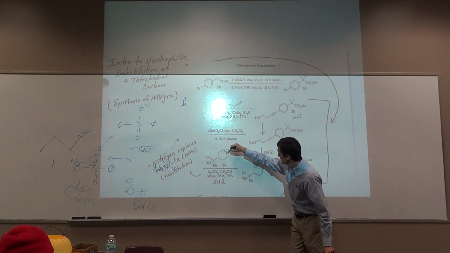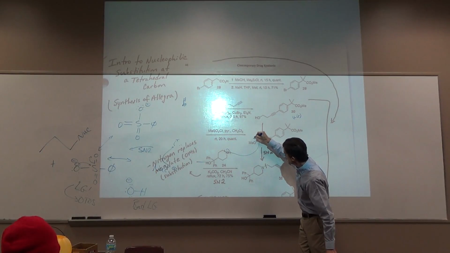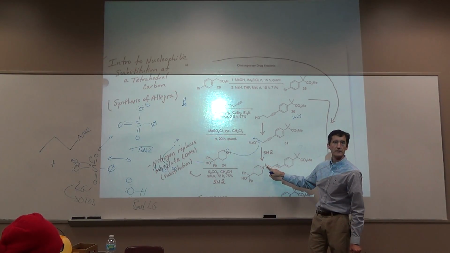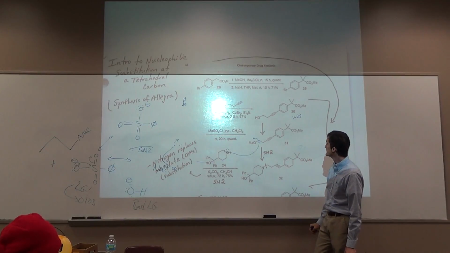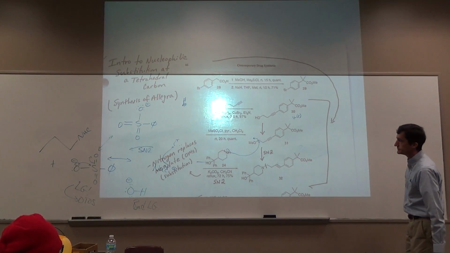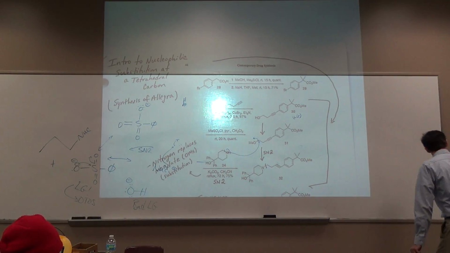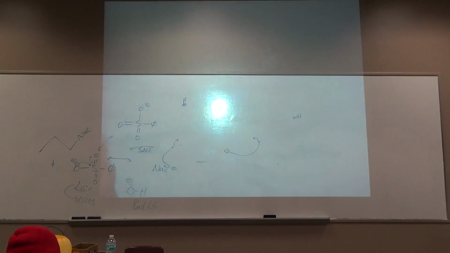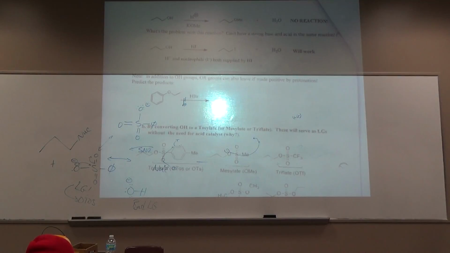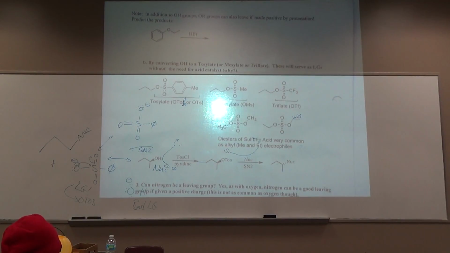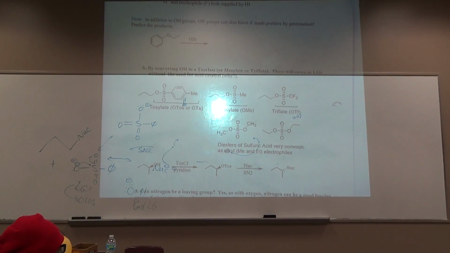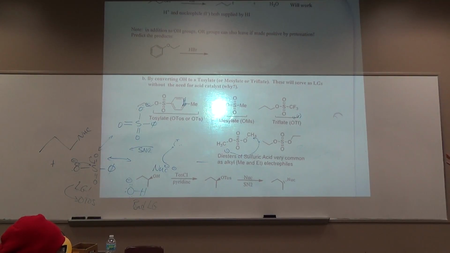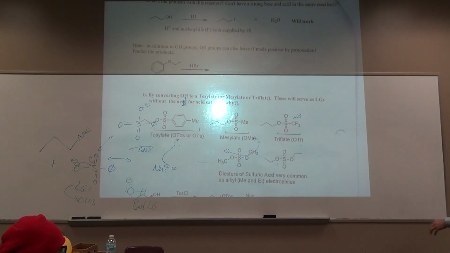And they're coming in here, kicking off the mesylate. That's how they get the nitrogen bond in there. Okay, we'll see how to make mesylates or tosylates in a minute.